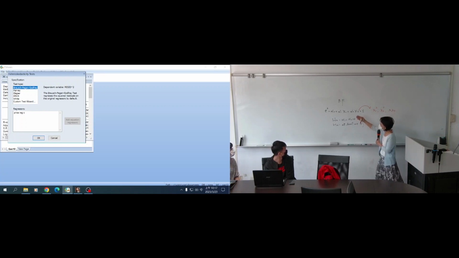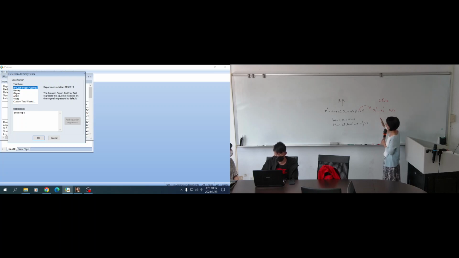So the difference between BP and White is that White uses not only these two as x variables, but also these three. Then I can capture more information about the relationship of the original x variables with the residuals. I think this is the difference between these two.